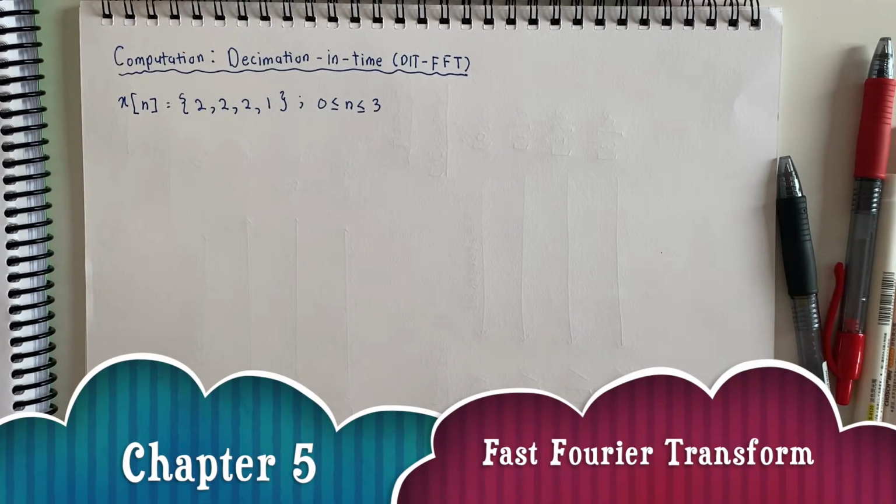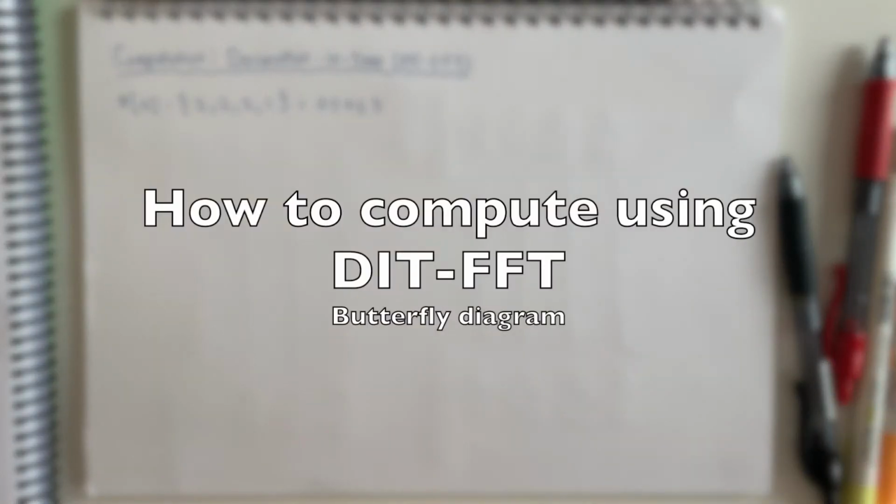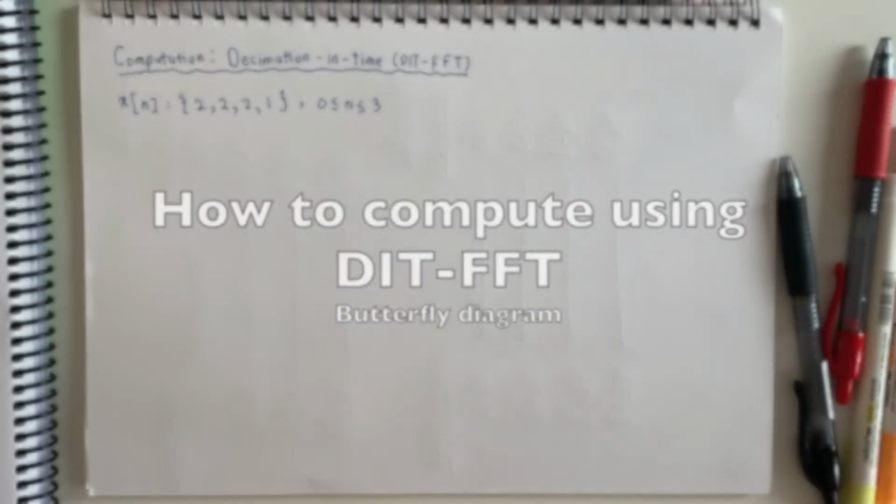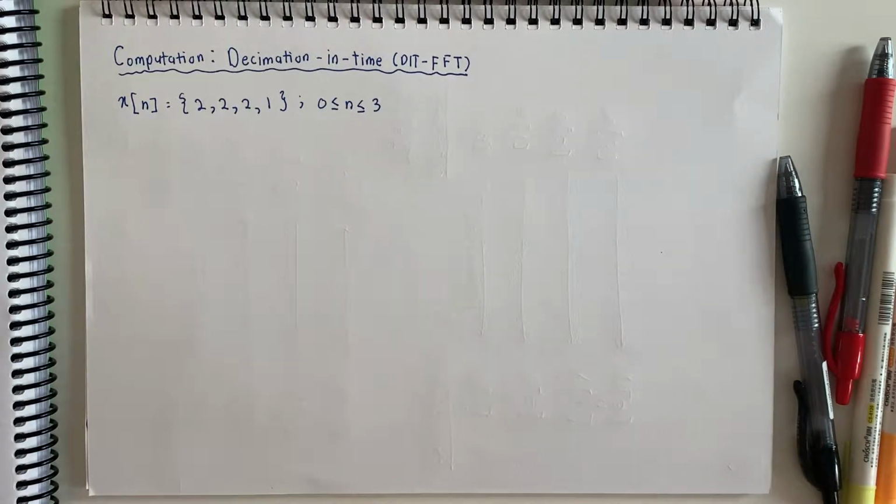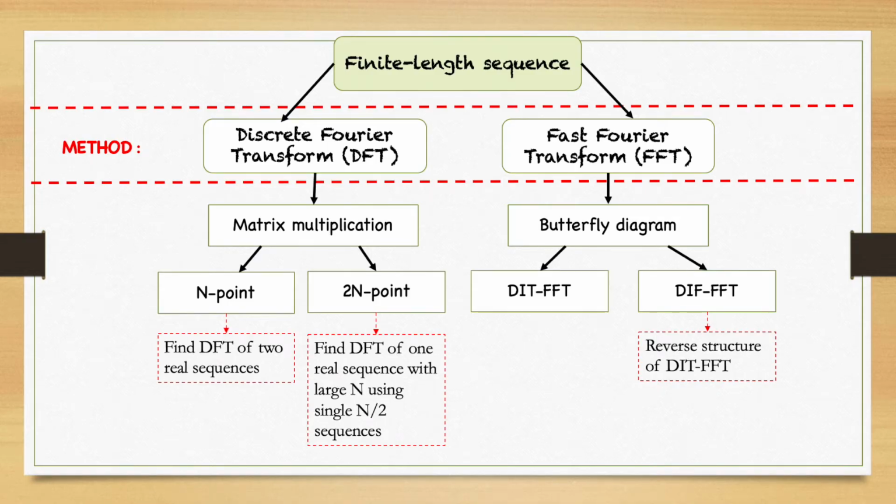Today the topic is how to do the computation on the estimation in time, DIT FFT. If you still remember in our previous lecture, another technique to solve finite length discrete sequence is using fast Fourier transform. Under fast Fourier transform, there is one technique called butterfly diagram structure.